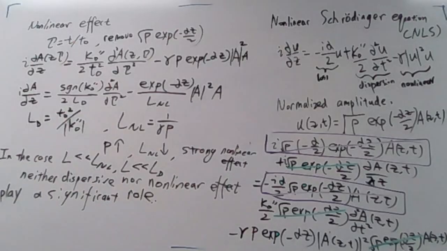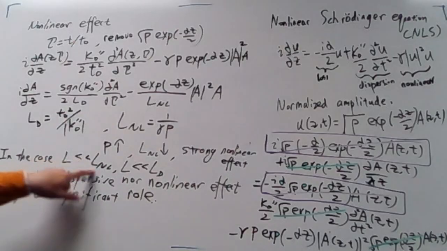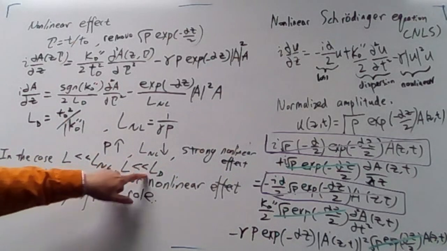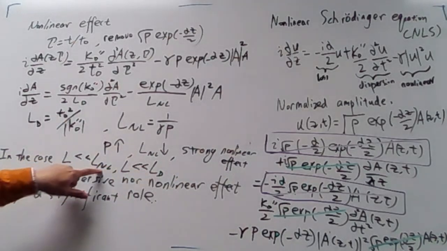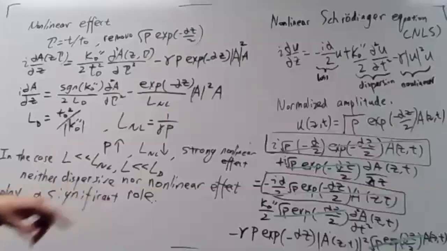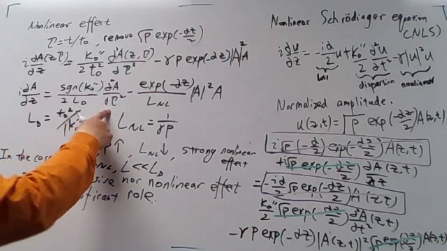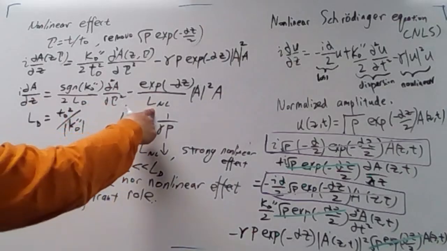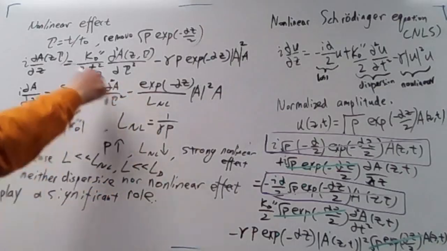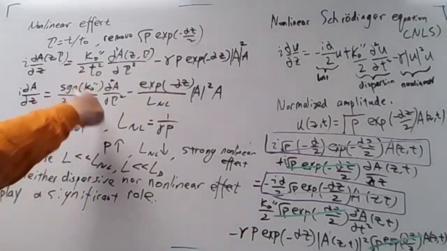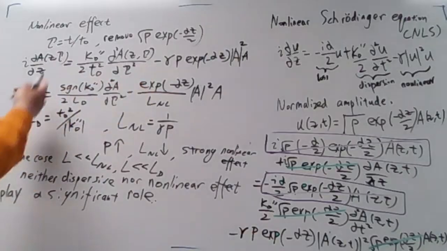If my L is way less than LD and way less than the nonlinear length, it plays almost no role. Why? Because you think about this dz. If my dz is way less than d tau, and way less than LD and LNL, all the contributions on the right-hand side are zero. So dA has no change.